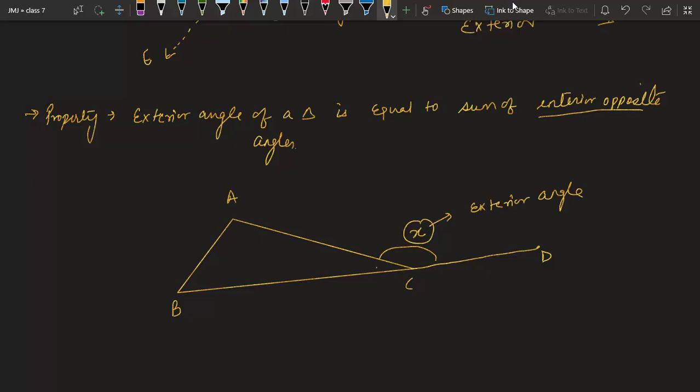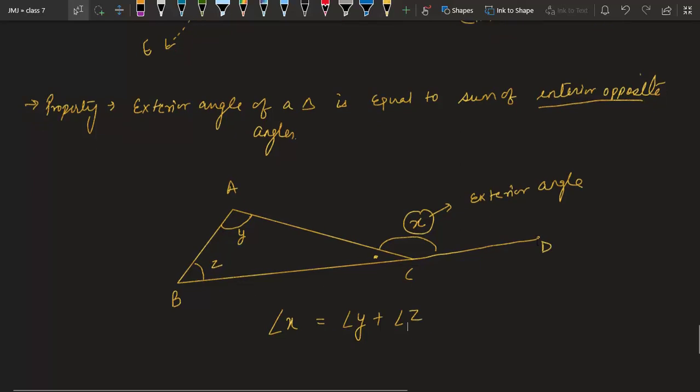That means this interior angle will not come because it is saying interior opposite. So this angle interior one is adjacent to this, it is not opposite. That means this angle and this angle, they will come in interior opposite to this exterior angle. Let me call them y and z. So what we can say as per the property, that angle x is equal to angle y plus angle z. This is the property.